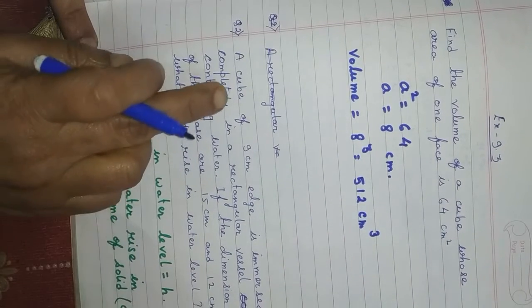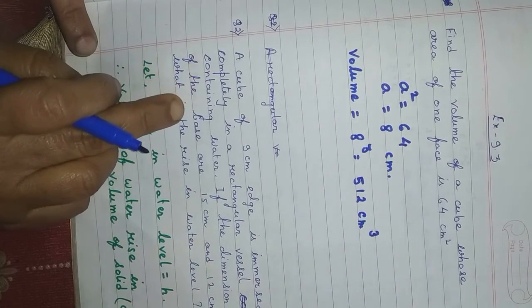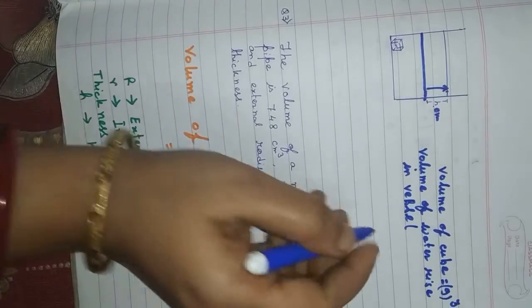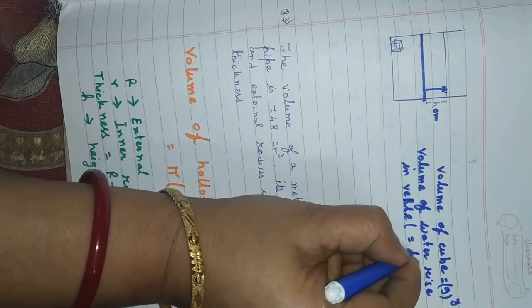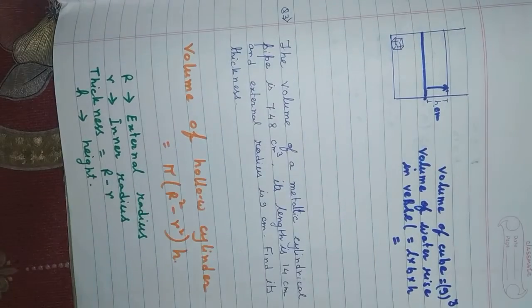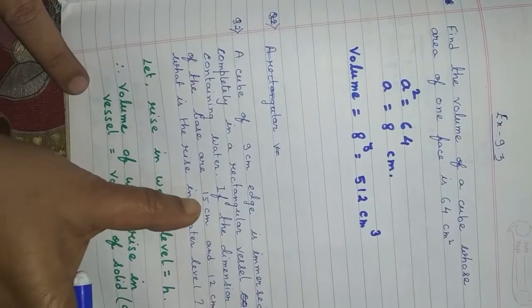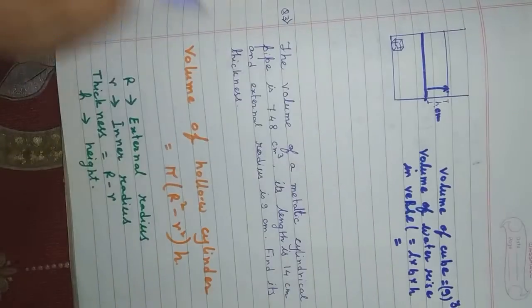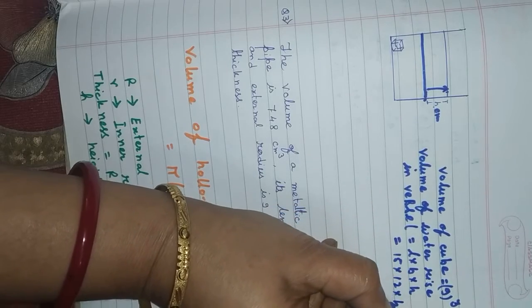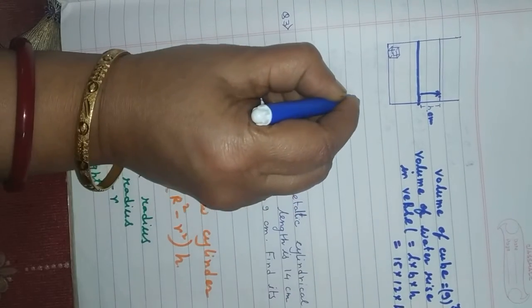Since the figure is a rectangular vessel, the volume is equal to volume of a rectangle, length into breadth into height, where length and breadth are given. Length is equal to 15 centimeter and breadth is equal to 12 centimeter. So 15 into 12 into height. Now these two volumes are same.